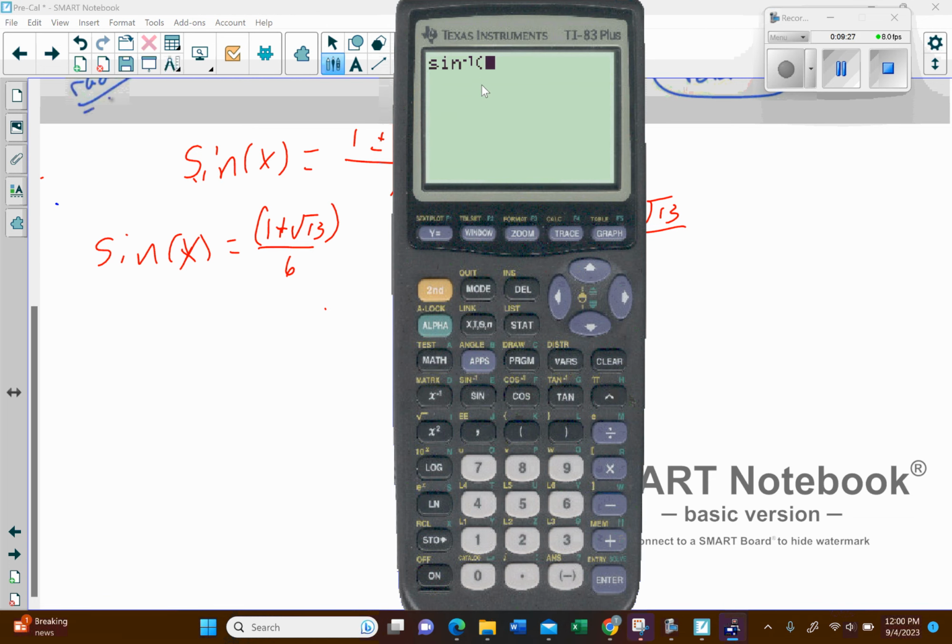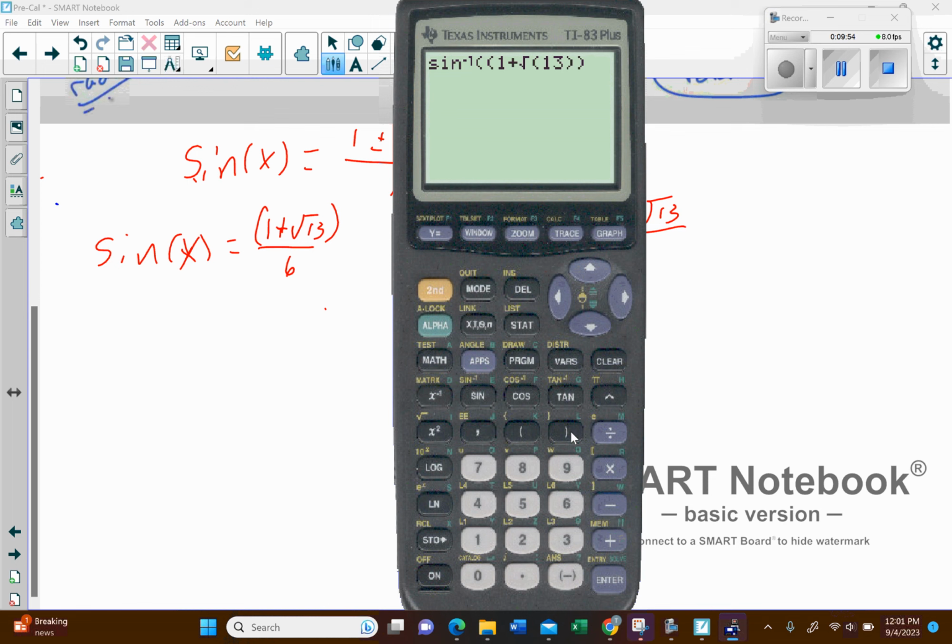So I know I have an open parentheses, but I got to open up a new set right here. So I open up parentheses 1 plus the square root of 13, and then I'm going to have to close. Depending on what kind of calculator you're working with, this is kind of an older one. Some of the newer ones are a little bit more user-friendly on how to type some of this stuff in.